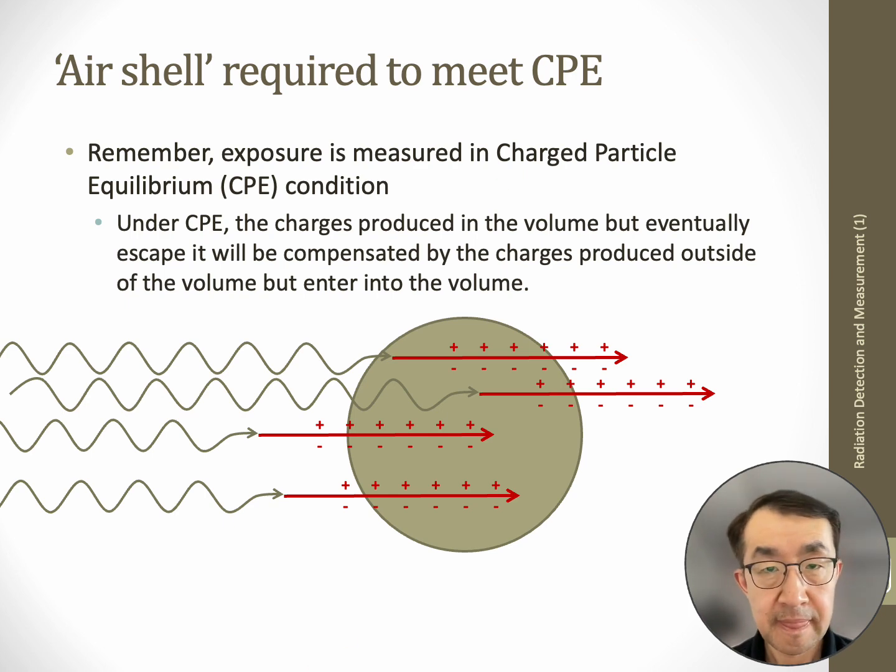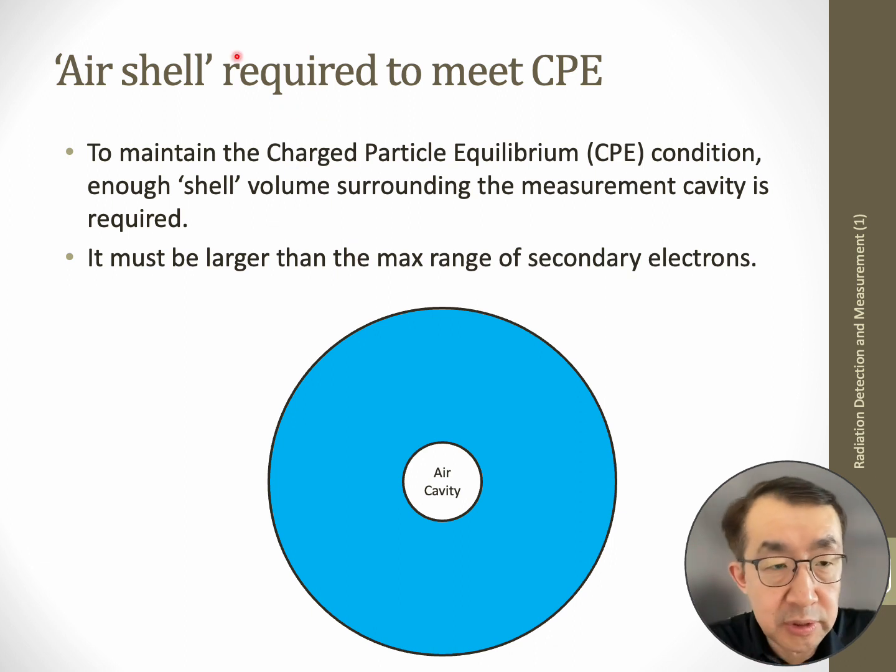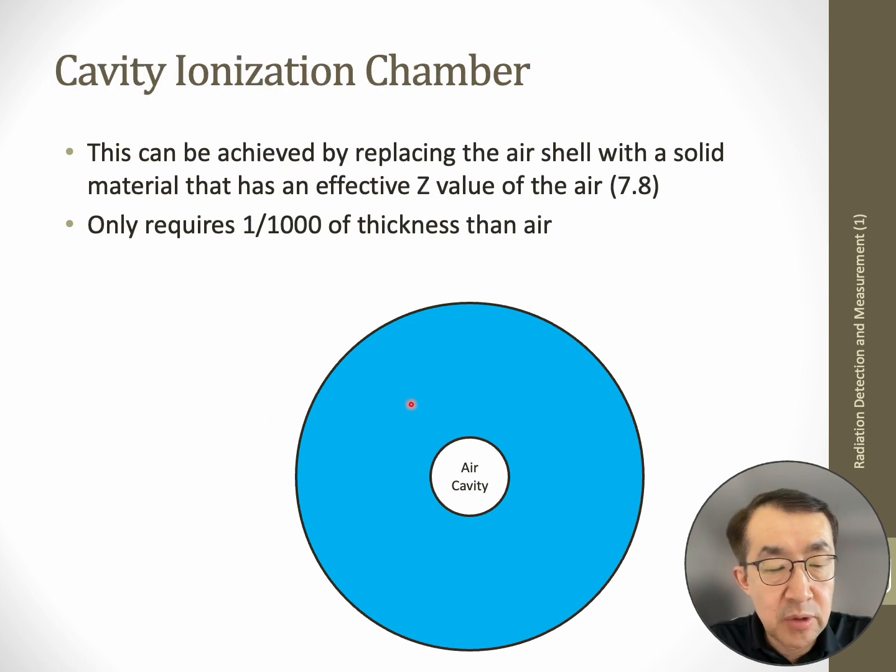To borrow your textbook's explanation, to maintain charged particle equilibrium, you have to have enough shell volume around the cavity that you're interested in, the active volume, right? The shell volume has to be larger than the maximum range of the scattered electron to maintain CPE. So how can we achieve that?